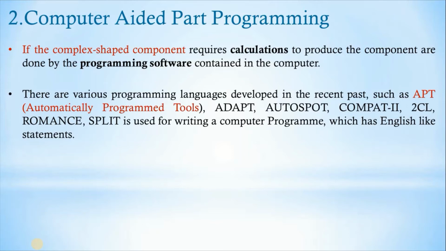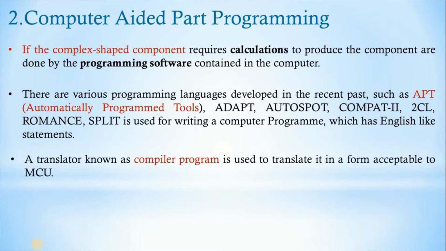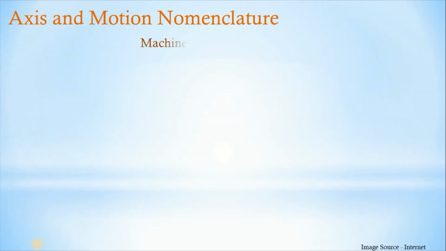Based on that, we can prepare a computer aided part program and transfer it to the MCU. A translator known as a compiler program translates it into a form acceptable to the MCU. So whatever programs we write using these languages, we forward to the MCU by using a translator, which is a compiler program.